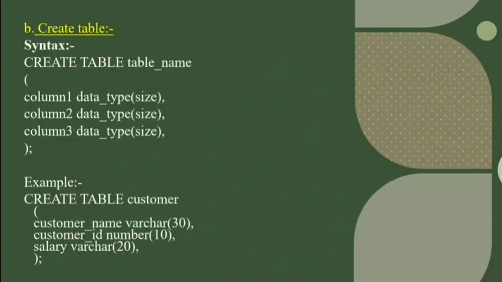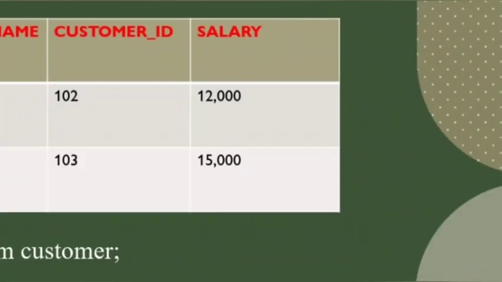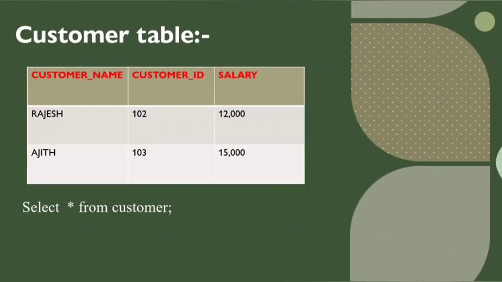Okay, so after this we need to know how the table structure has been created. For that you can execute the query: select star from customer. The table you have created has the name customer, right? So you fetch from the table name, and you get the column names as well as records.